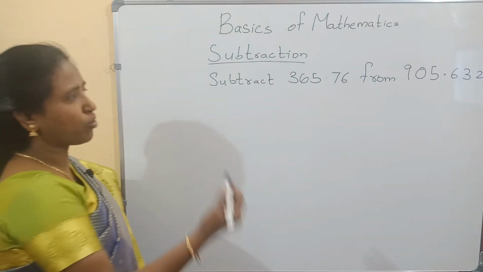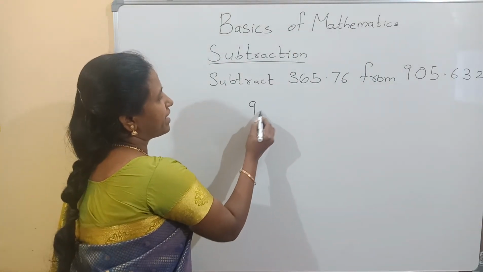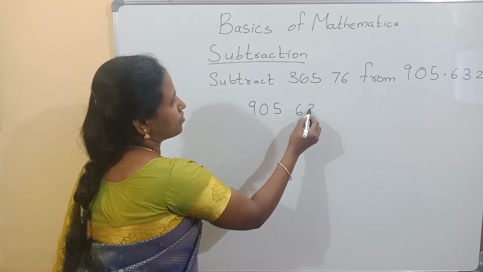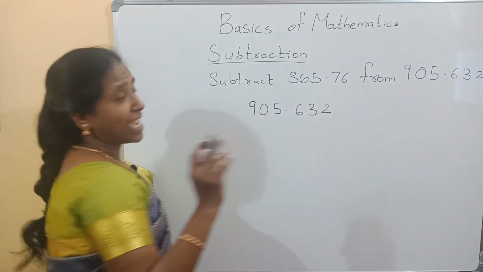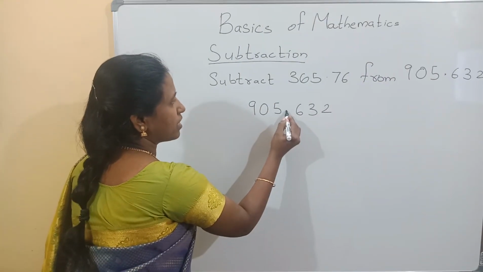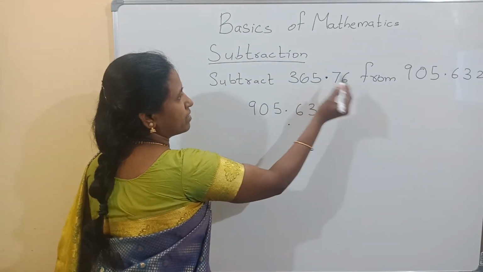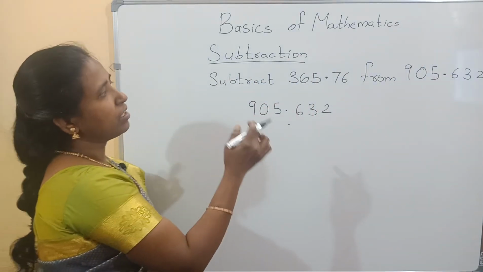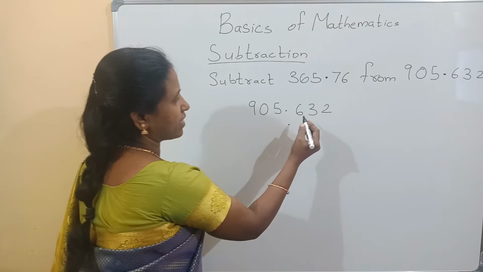Right? How will we go about this? 905.632. As I told you in addition, point below the point. Right? Now let me be clear. Here is the point. Right? Point below the point.